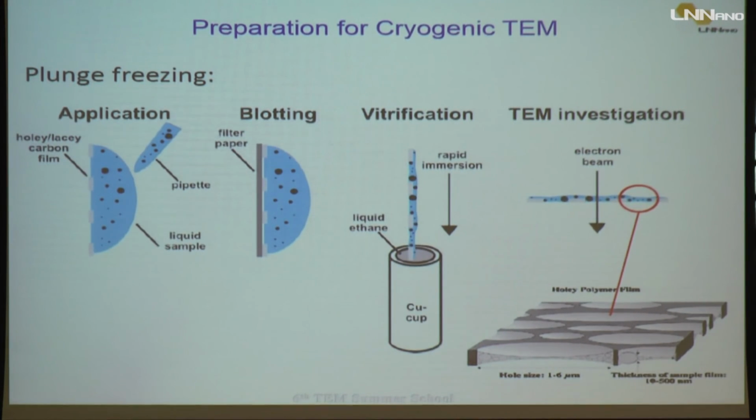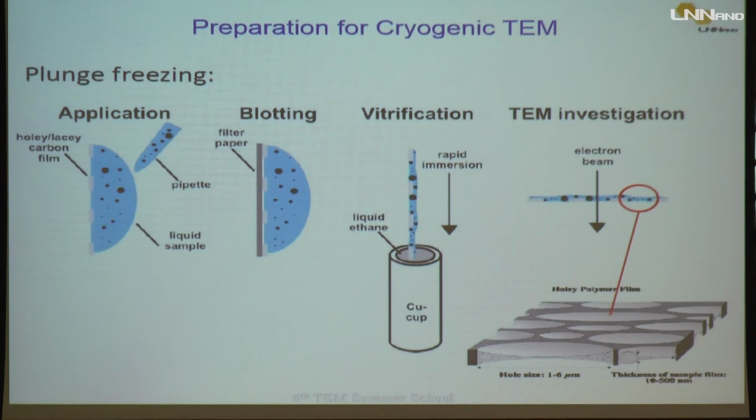How to do it? We use the plunge freezing system that we have. We apply on a TEM grid a drop of the suspension. Okay? You go to this blotting part.